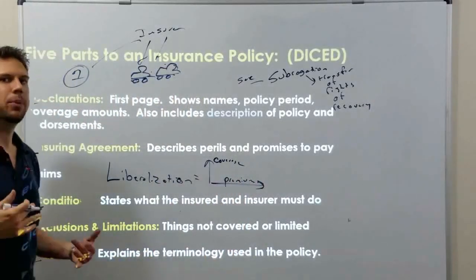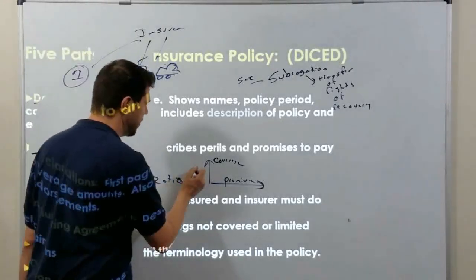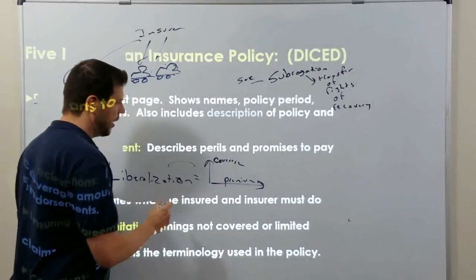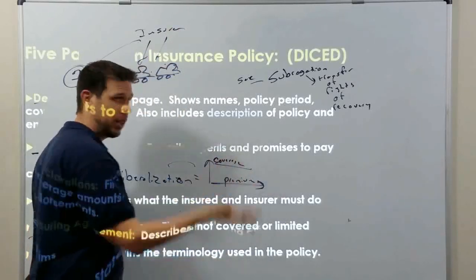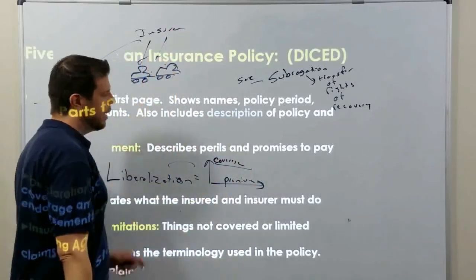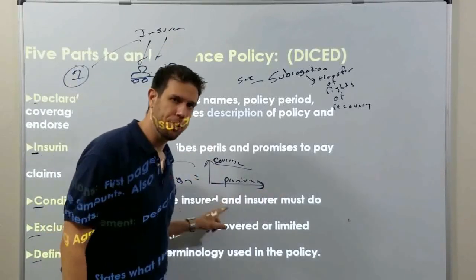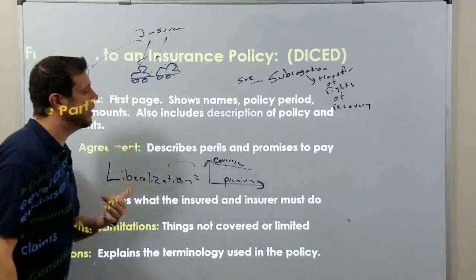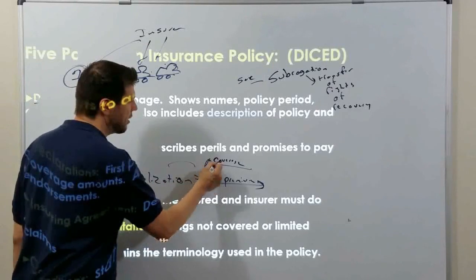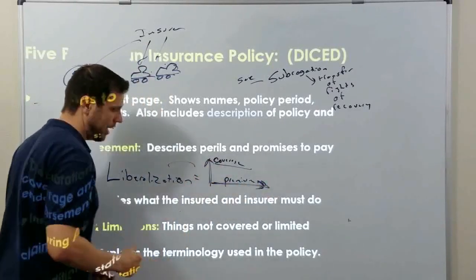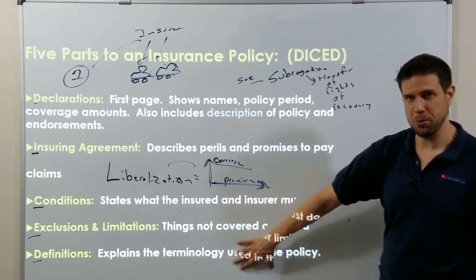This is typically when a state law changes and the customer bought insurance, let's say yesterday, but the state law changed to where the insurance companies have to give higher coverage today. The insurance company has to increase your coverage, but they can't charge you any more because you didn't request that change. Liberalization is when you get increased coverage, but your premiums remain the same. That definition is also in your definitions portion of the policy.